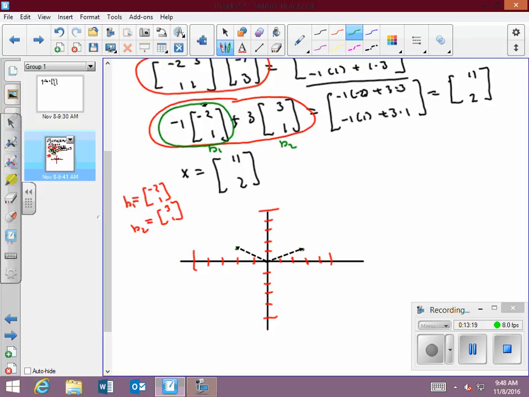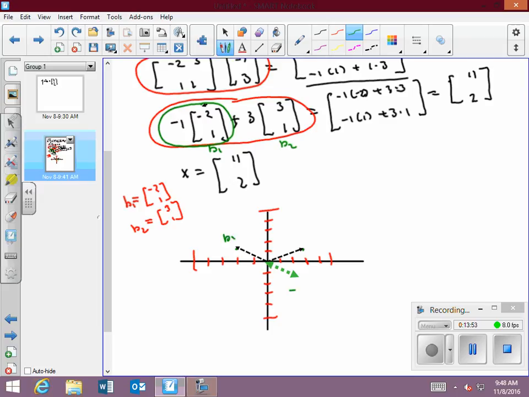Then what you would do is you would take it back at 2 minus 1 right there. This is B1.